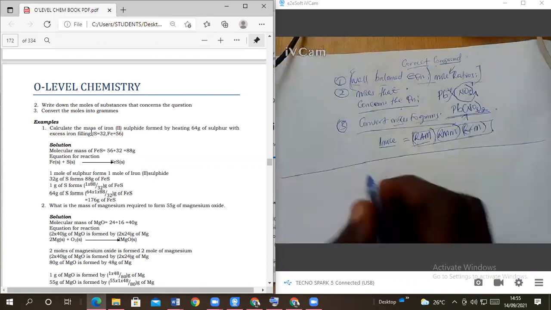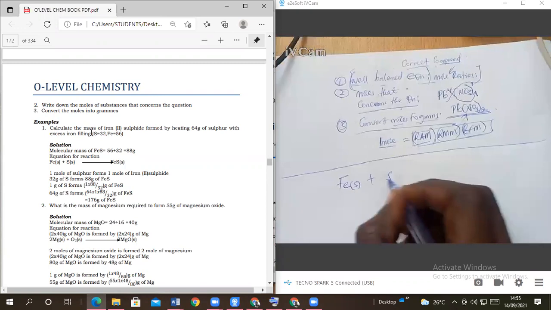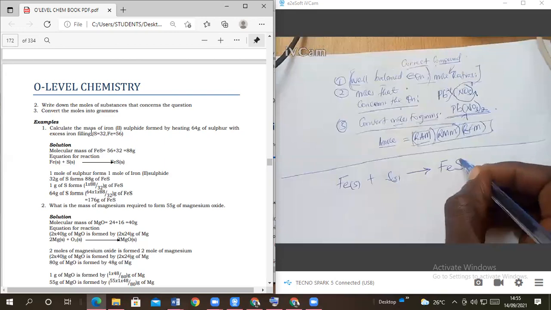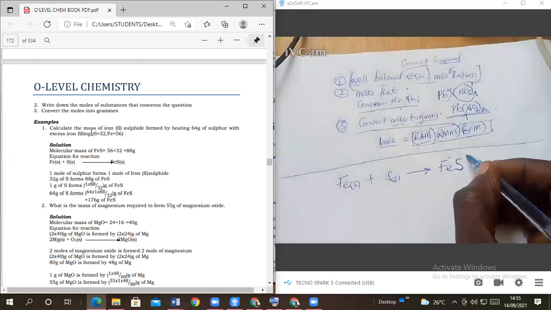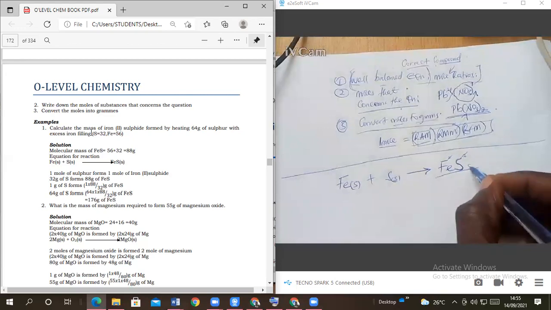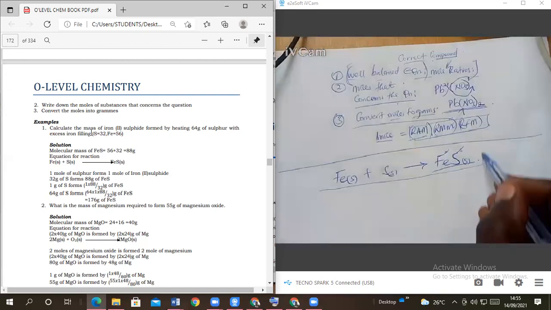They have heated iron, which is a solid, plus sulfur, which is a solid, to give us iron 2 sulfide. It means iron is 2, and sulfide is also 2. So these ones cross out and leave us with that formula. If you try to balance, it is 1, 1 everywhere. That is the end of the equation.